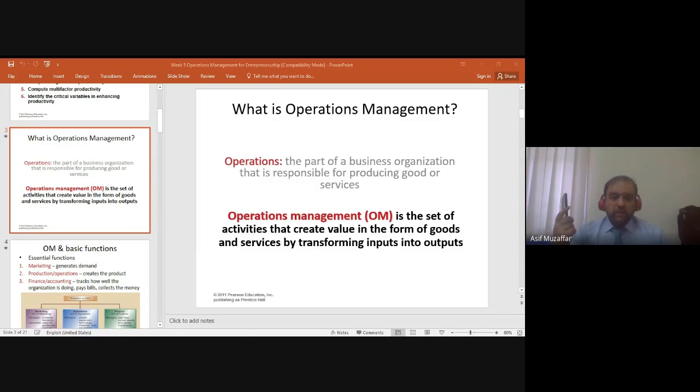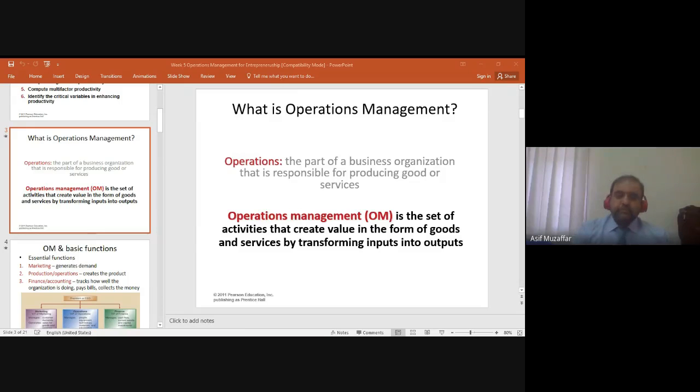Why operations? Because now you are not only making a product or a service, you are also providing services like after sale, warranty, or spare parts for your type of product. So these are operations. You need to manage the operations rather than the product itself.